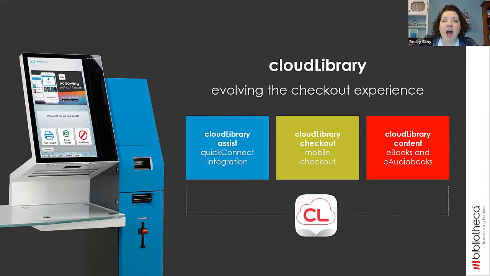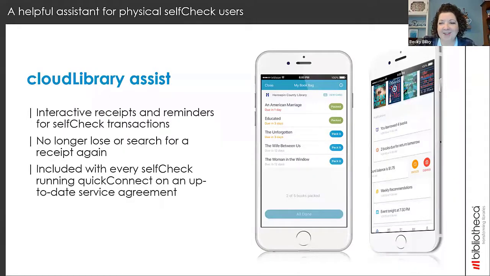So on the next slide, I'll talk to you about the first little module, which is Cloud Library Assist. And this is kind of like an assistant in my pocket. This module is if you have their self-checkout machine, which we added early on in my time at Sioux Center. We wanted a self-checkout.